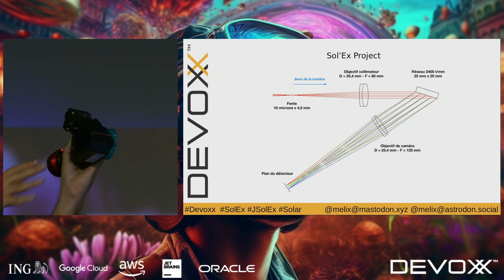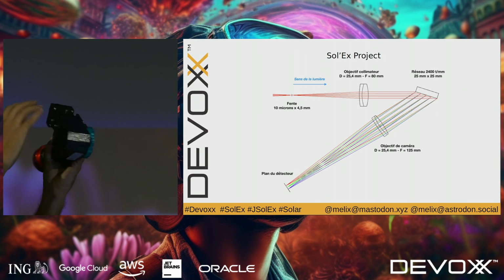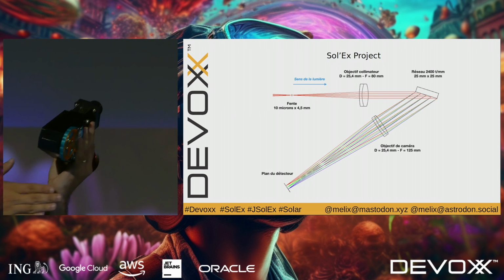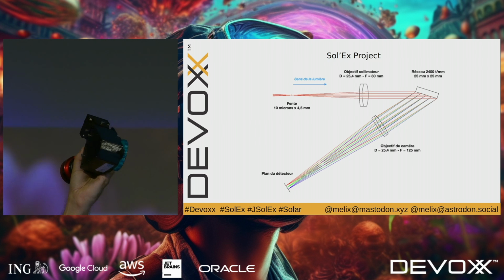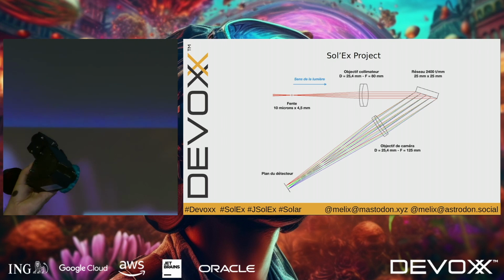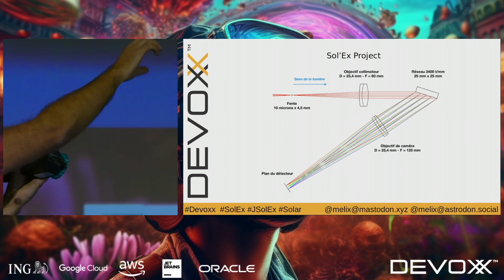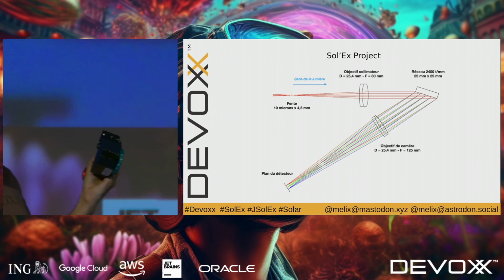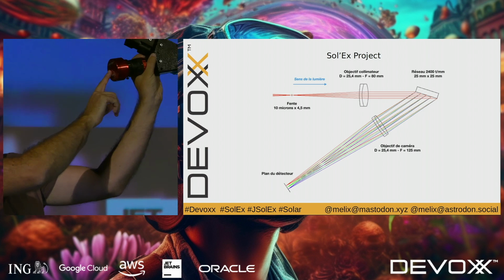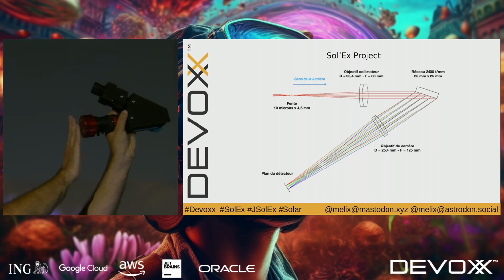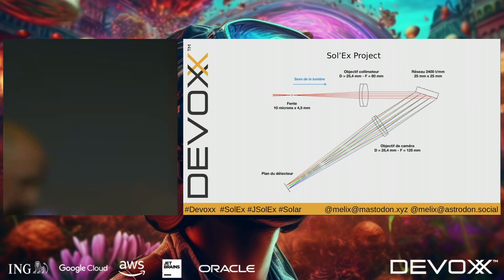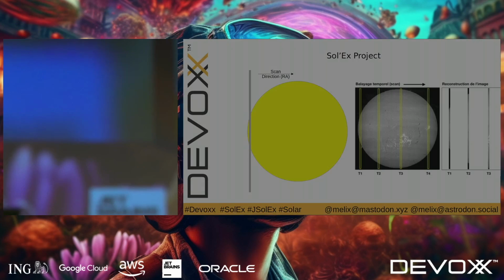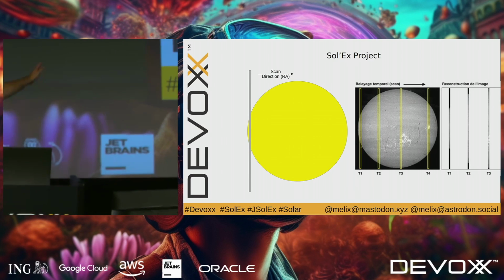So we're going to see that rainbow. This is the device which is responsible for generating that rainbow and spreading the light. So first we have the slit, which selects one line of the sun, and then we're going to generate a spectrum from that. And then the last part is to take this spectrum and focus it onto the camera, which is there. And then we're capturing something. What we're going to capture is videos. And then we have to rebuild an image. So how it works is basically like that.